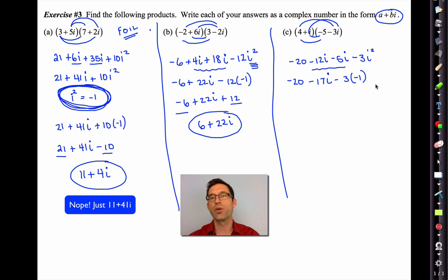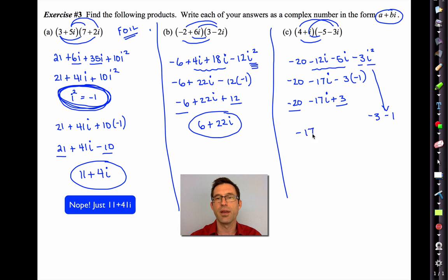Again, not minus 3 minus 1. That's where students make mistakes, is that they'll have something like this, and then they'll write it like this, and oh, it's negative 4. No, it's not. It's actually a positive 3. And then that negative 20 and that positive 3 combine to be negative 17, and negative 17. That's kind of cool. Negative 17 minus 17i.